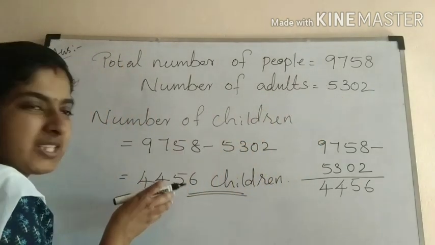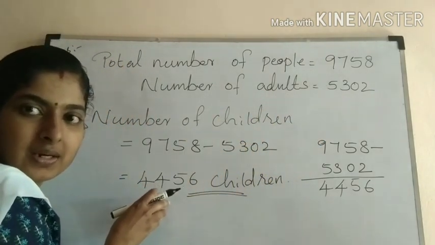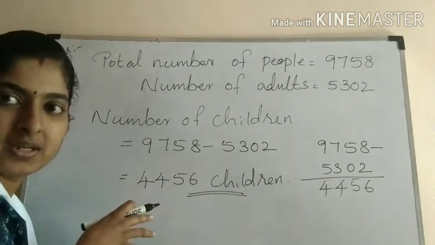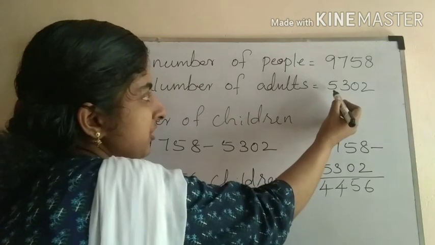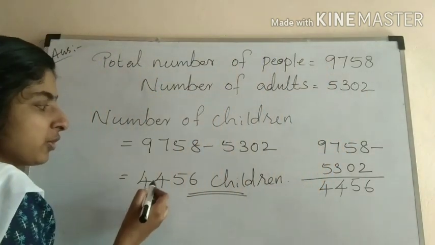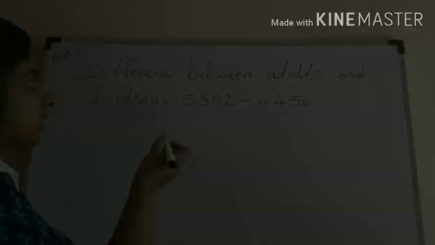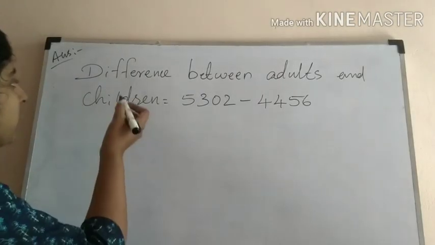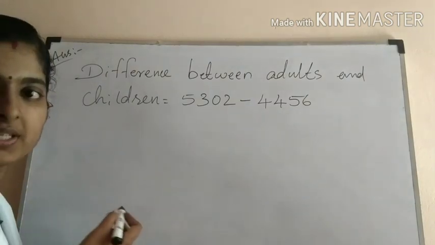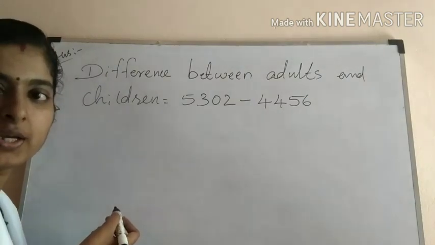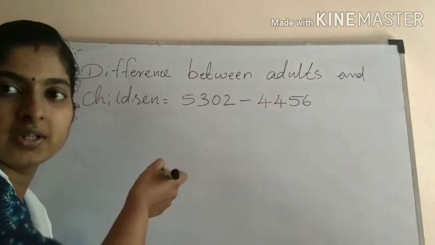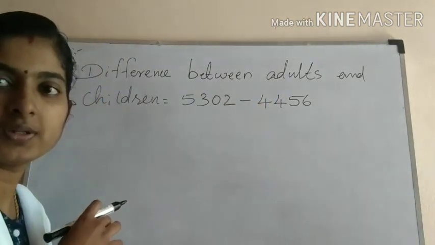That is the question. How to find that less? We have to subtract this 5,302 minus 4,456. Here we are going to find the difference between adults and children. This way we have to find the fewer children, compared to these adults.